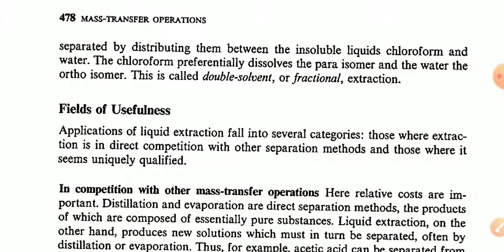They can be separated by distributing them between the insoluble liquids chloroform and water. The chloroform preferentially dissolves the para isomer, and the water dissolves the other isomer. This is called a double solvent.